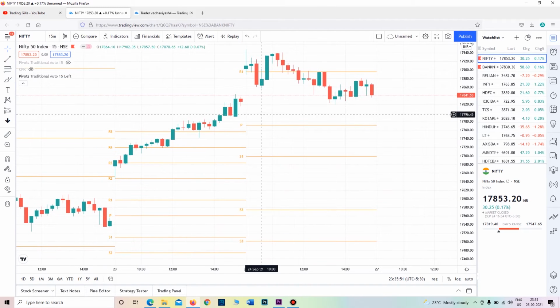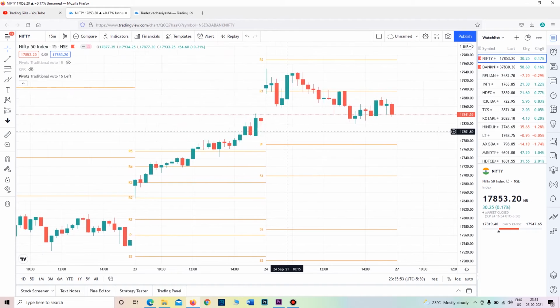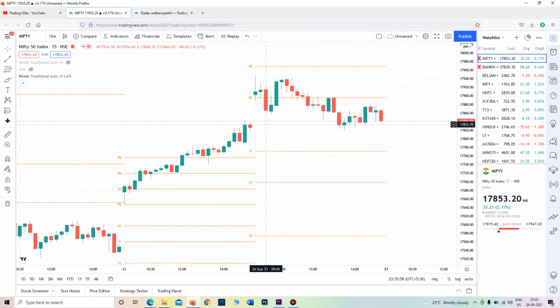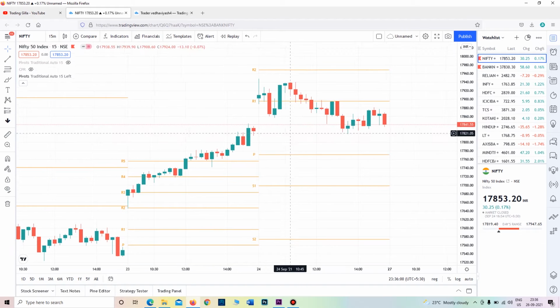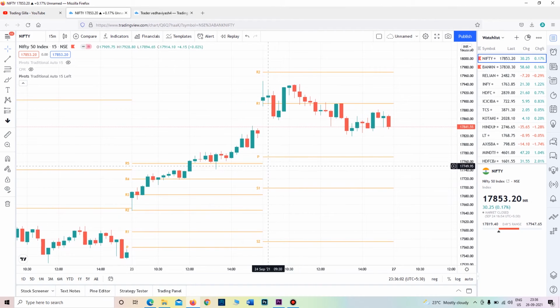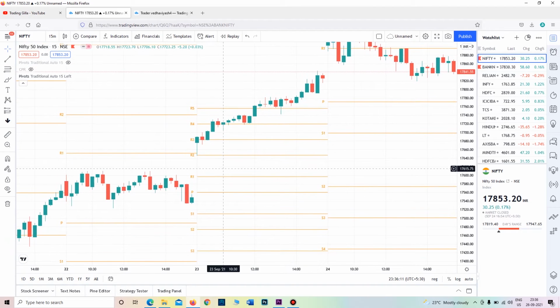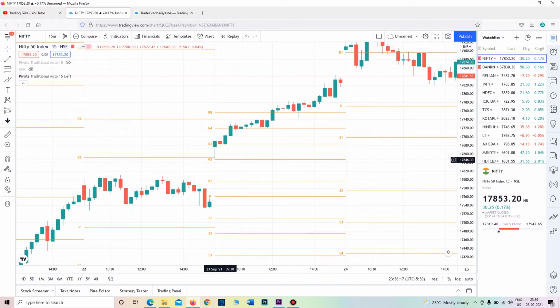See friends, as I said, when the market is above the pivot point line, it is known as a bullish market. See, here is the pivot line and the market is here, and the day before, pivot line and market is here.